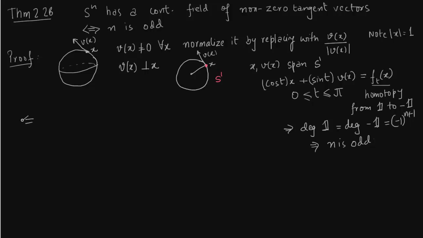So another thing is that if this map f from Sn to Sn has no fixed point, then again degree of this map f is minus 1 raised to the power n plus 1.